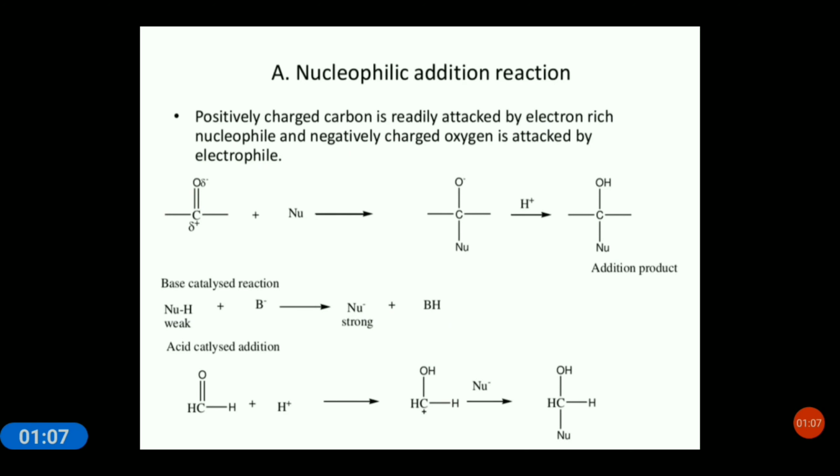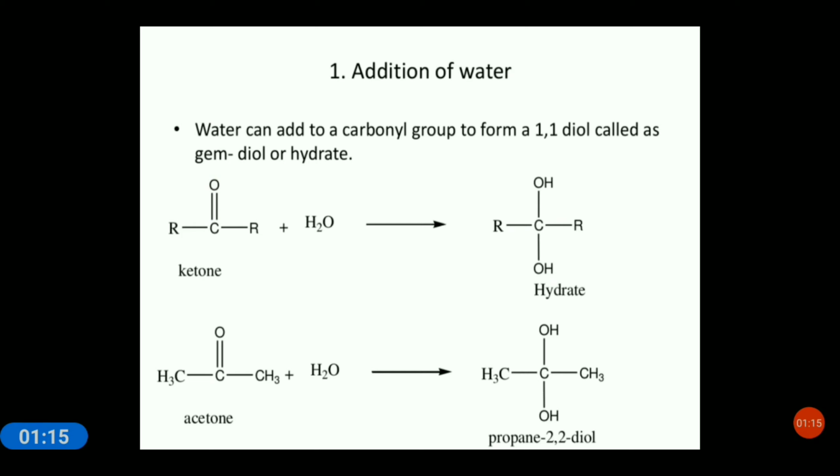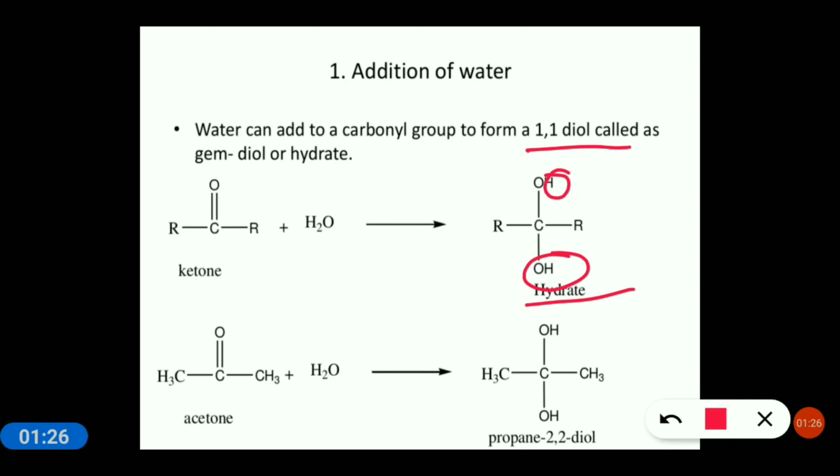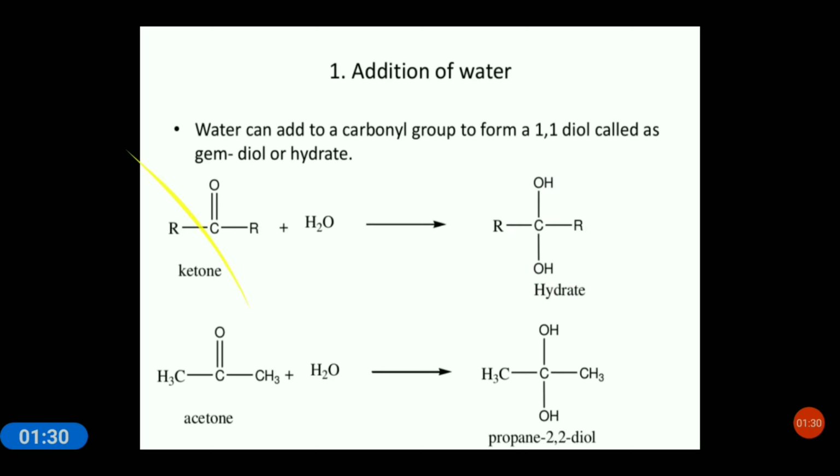We have seen the nucleophilic addition reaction, how it takes place, and the formation of the addition product. In addition of water, you have seen that formation of 1,1-diol takes place, the hydrate form, which is unstable, so removal of water takes place, which again gives rise to ketones.